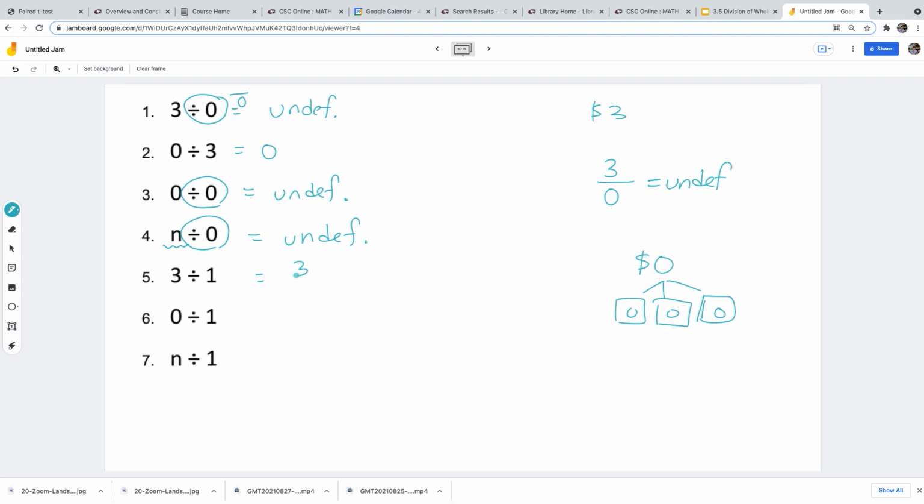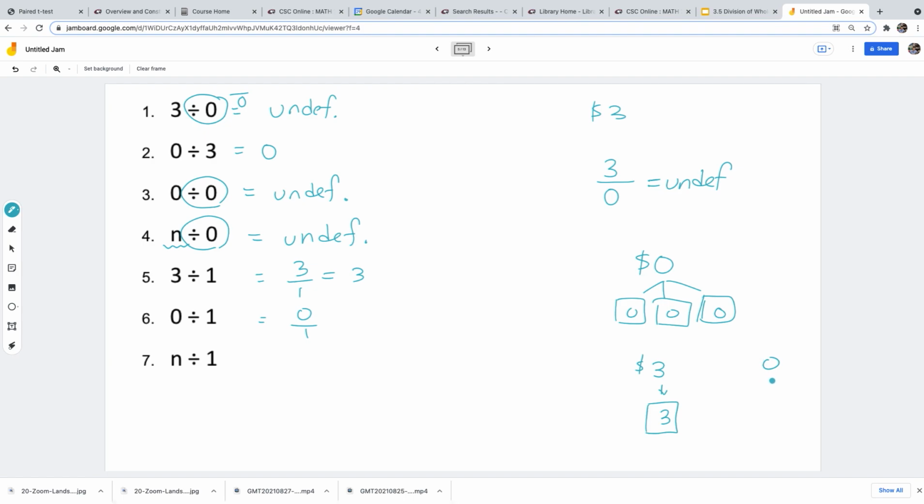That's the same as 3 divided by 1. Which means you have $3 and only one person came and asks, can I have your money equally with nobody? Then how much does this person get? All $3. So 3 over 1 is 3. 0 over 1. 0 divided by 1. You have no dollars.